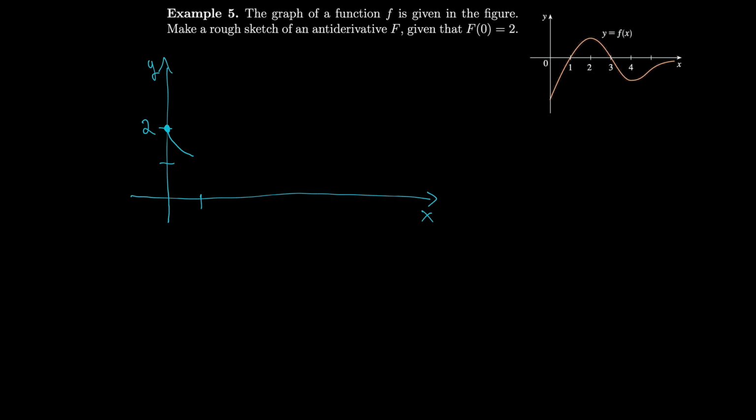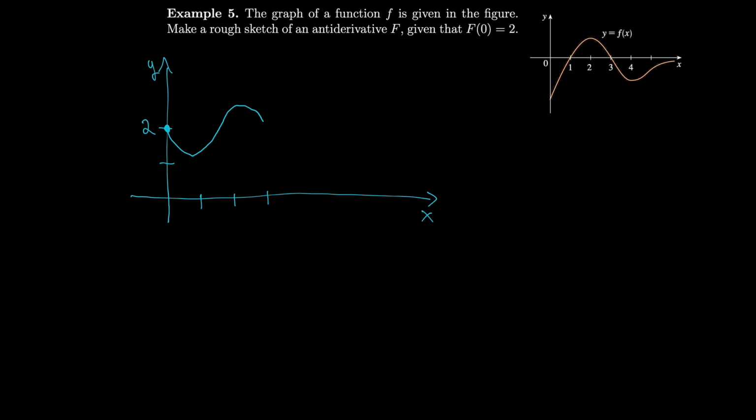If we go from 1 to 3, then our derivative is positive. So whenever our derivative is above the x-axis, that means our function is increasing. So we should be going up until we hit, let's see, what is this, 2 and then 3. And then it looks like we should start going down.